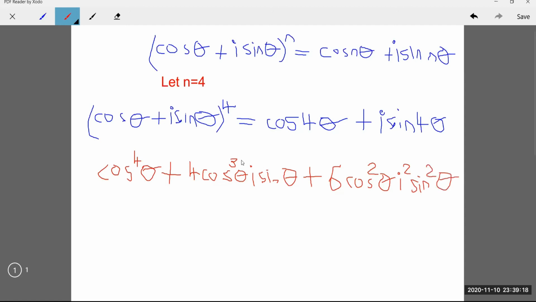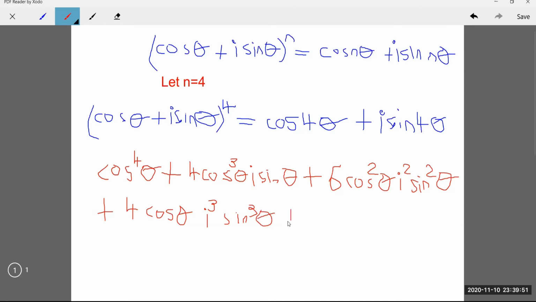And then the next thing we're going to do is, then we're going to have plus, see how it's long to expand the left hand side, plus 4 cos theta times I sine theta cube. I sine theta cube is really I cube sine cube theta.